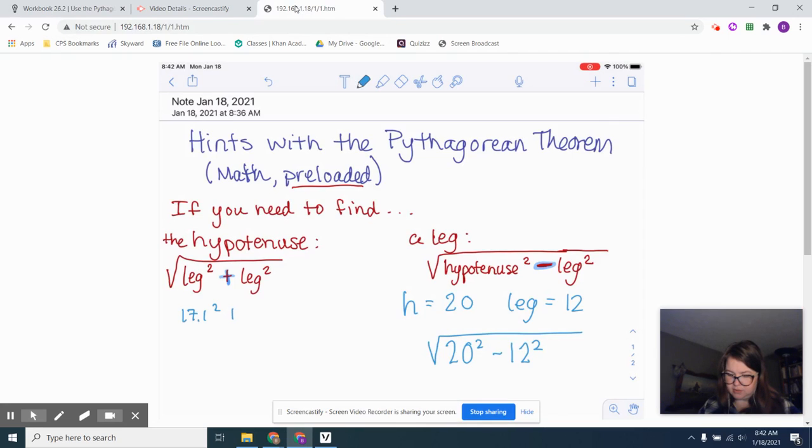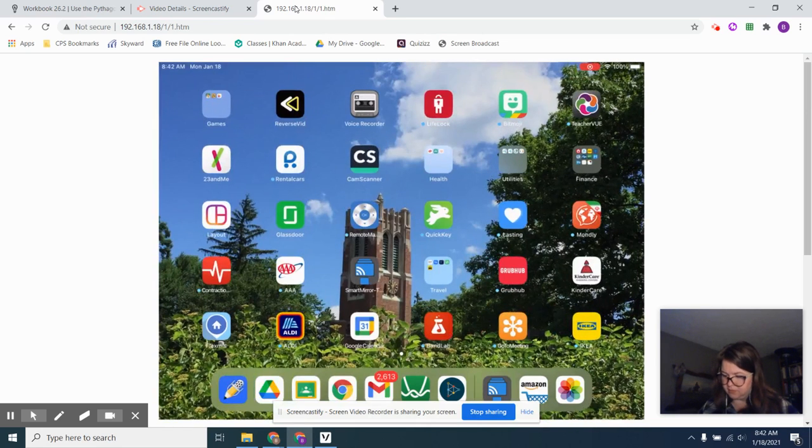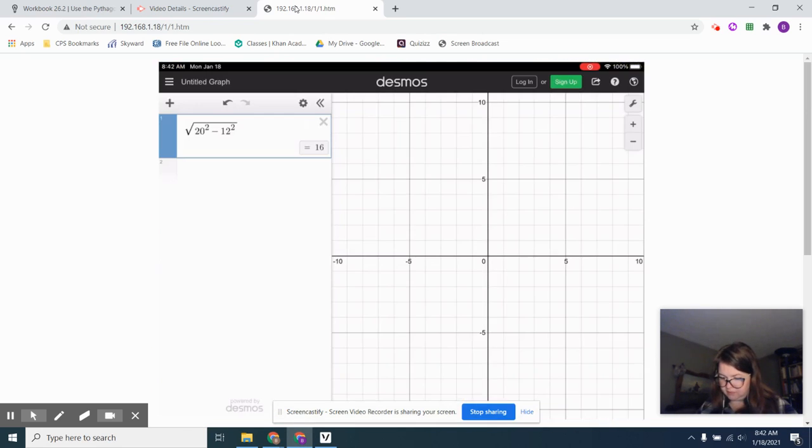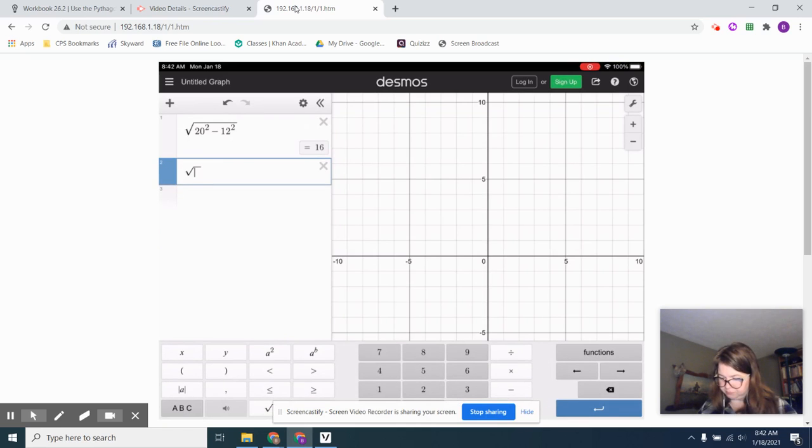So 17.1 squared plus 10.4 squared, and I want the square root of that. So coming into the calculator, we have the square root of 17.1 squared. And because they're legs, now I'm going to add them. Plus 10.4 squared, like this, right?